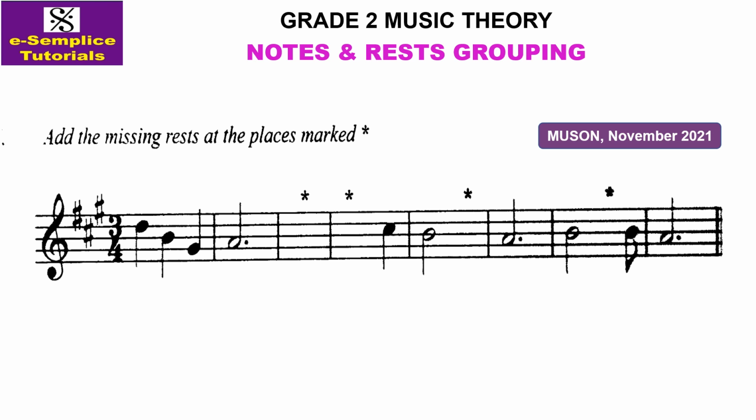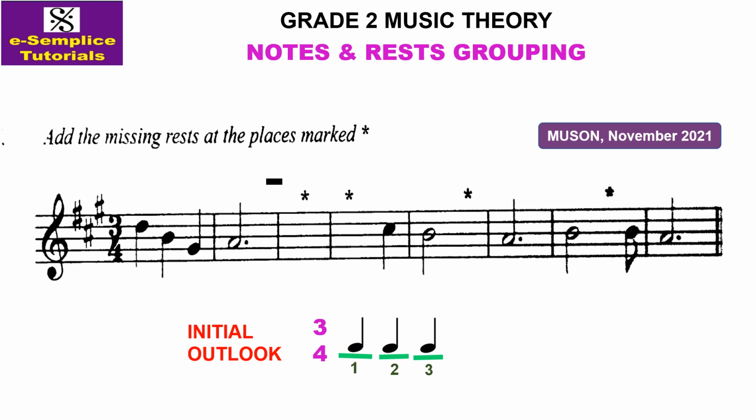Well, the initial outlook first. Bar 3 is a silent bar, and the only rest that can fill that bar beautifully is full bars rest. Please do well to see our previous video on full bars rest to aid your comprehension.